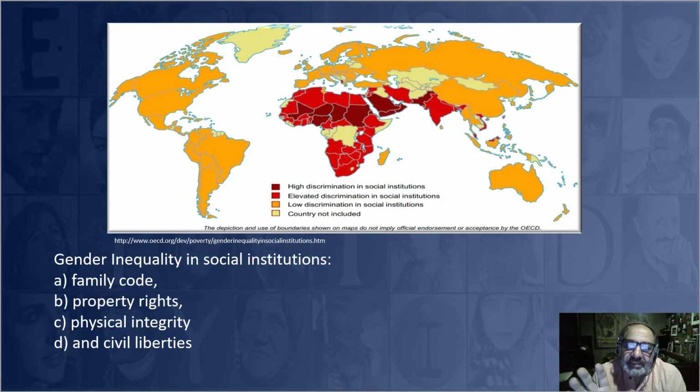Now, as a company, we look at this map and we can take two perspectives on it. We can say, I'm not going to source garments from any of the red countries because they practice gender inequality. We don't believe in gender inequality, therefore we'll stick to the orange countries. So that's one option.